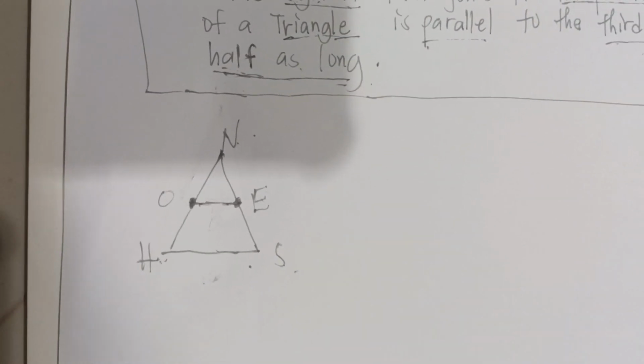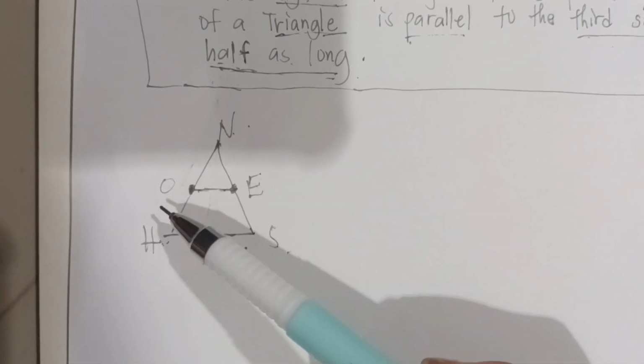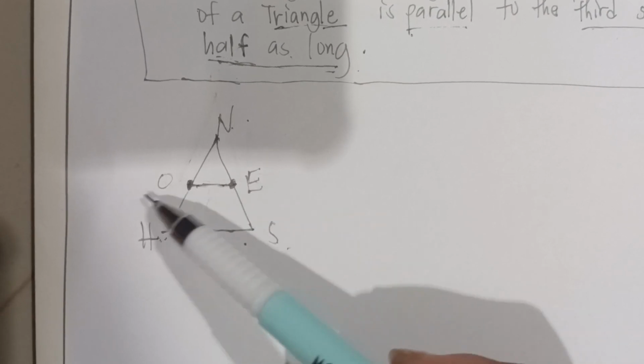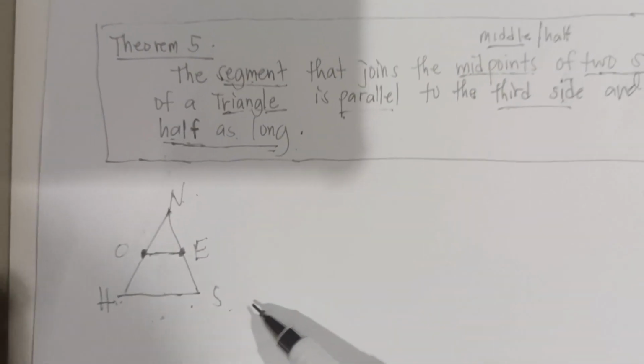Considering this triangle again, triangle H and S with midpoint O and midpoint E forming a segment that is parallel to HS, that is according to Theorem 5.